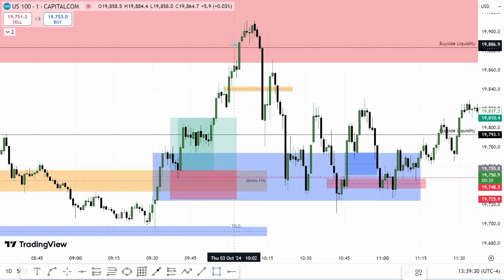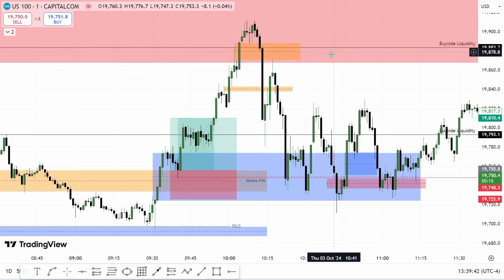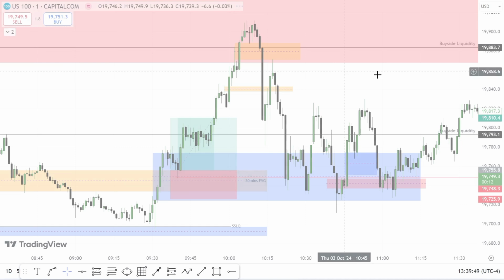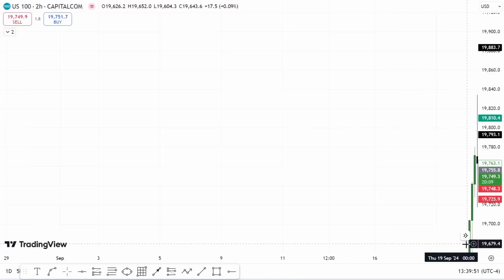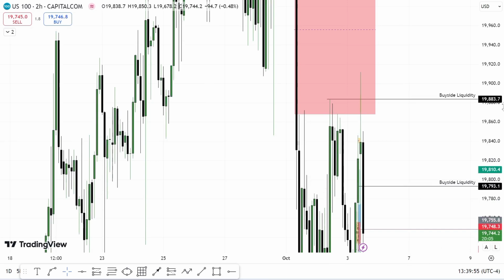Then we also have this inversion fair value gap here, which if you go to the higher time frame now, you see that at this point here, the body of the candlesticks in the higher time frame still stays below this buy side liquidity that was taken, and there is a bearish fair value gap here. And mind you, there is also a bearish fair value gap at that point in the 2 hours time frame, the same bearish fair value gap.